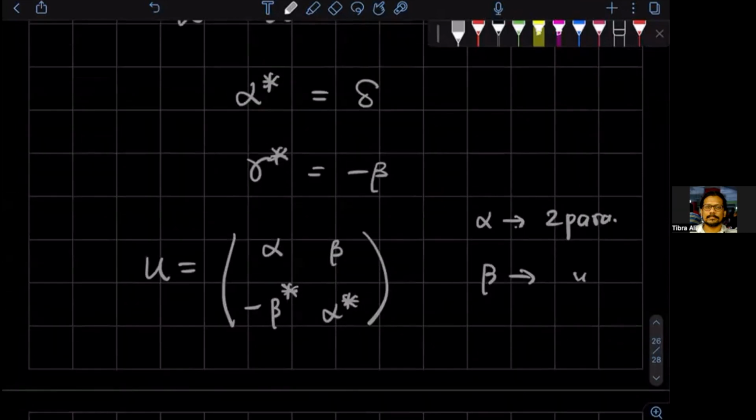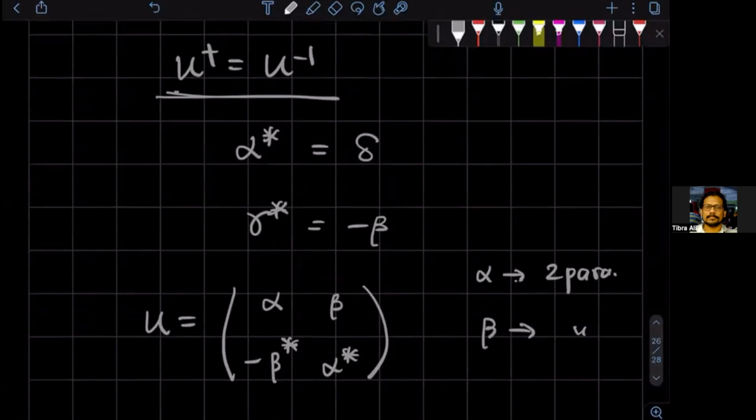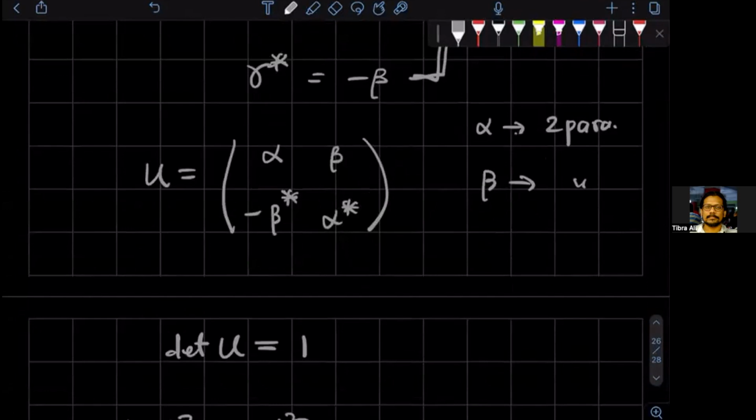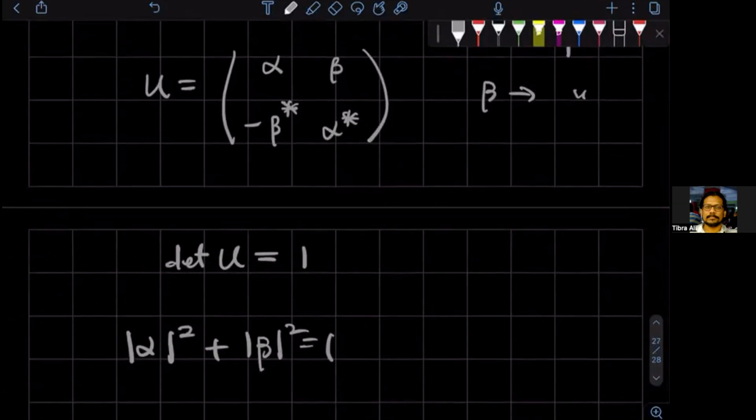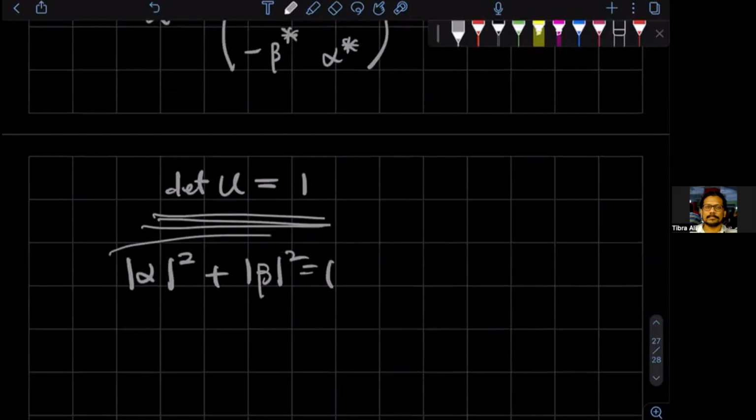What we have done is use the fact that U inverse is U dagger to go down from 8 independent parameters to 4, and then we can impose 1 extra condition, which can be written like this.